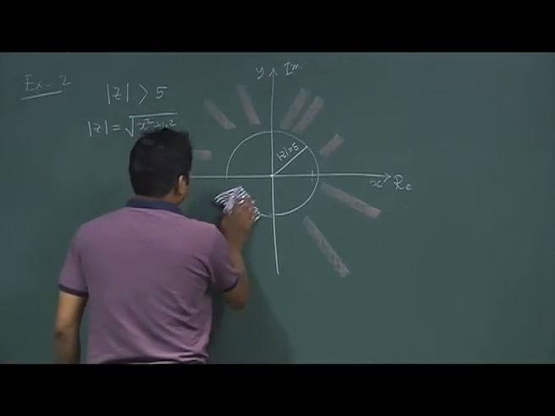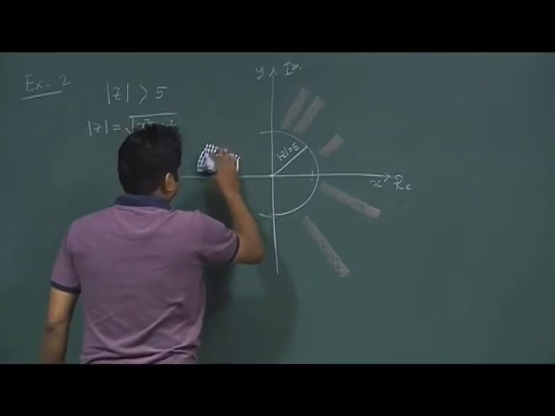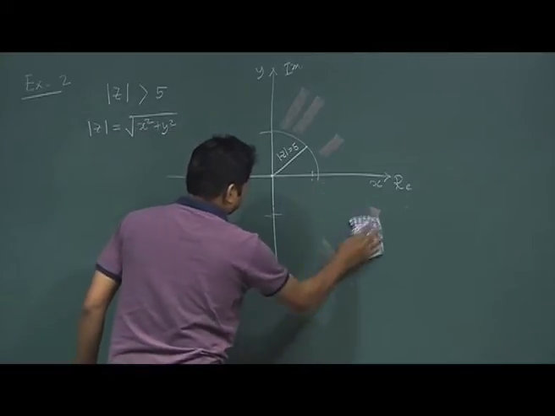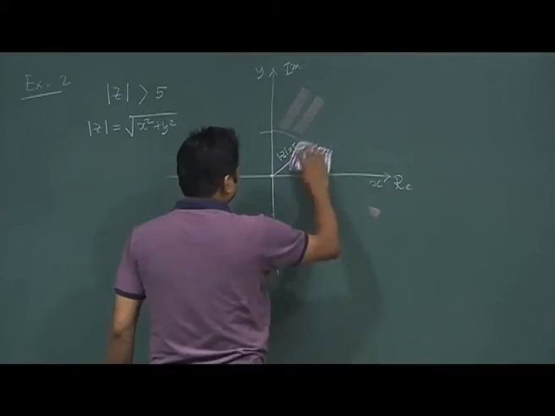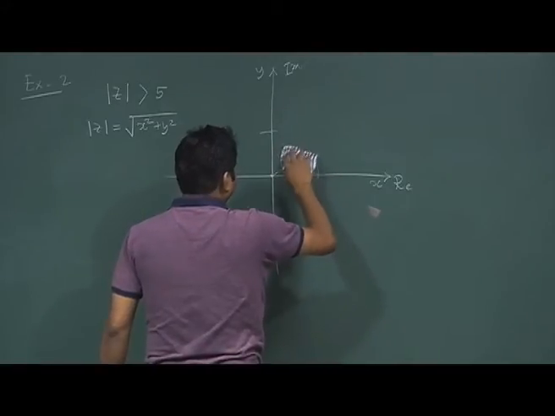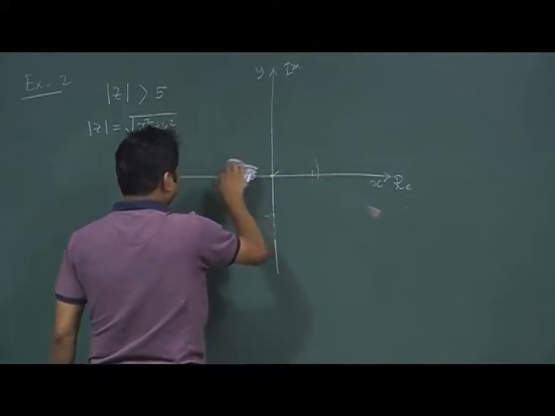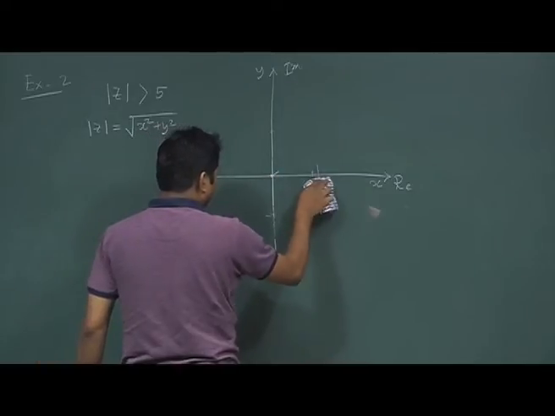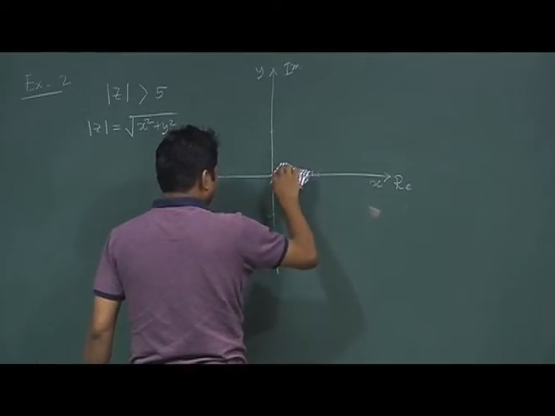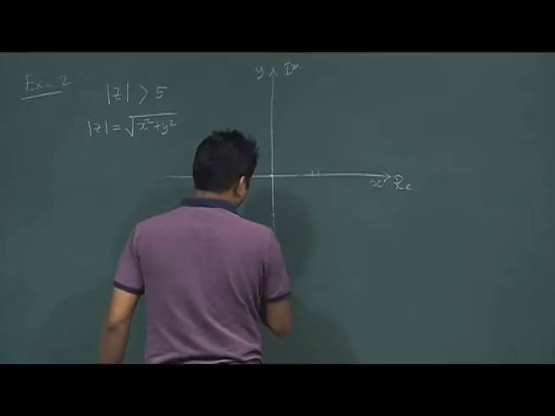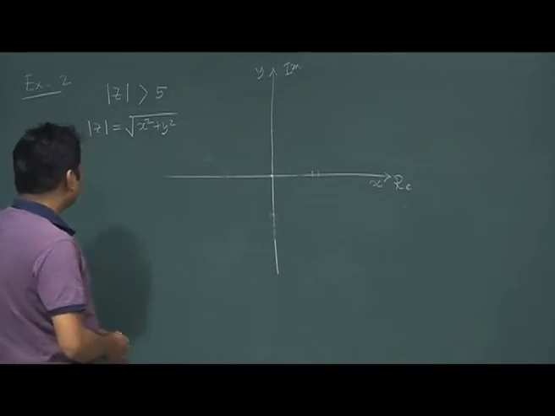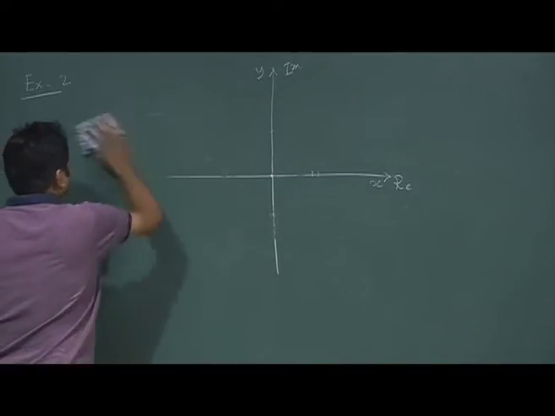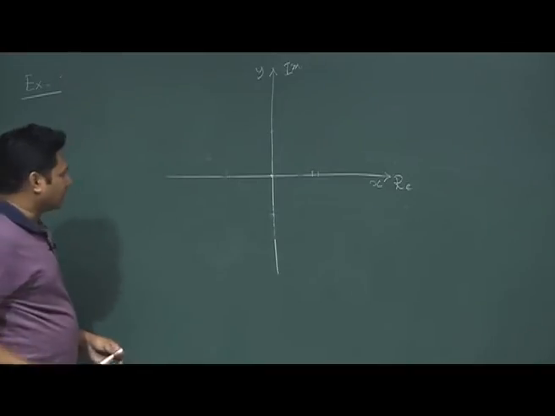Okay, fine. Let me erase that. So I believe now you understand what is the meaning of the region, and when I am saying some region, you can readily understand how this region is placed in the complex plane. It is quite easy, and let us take a few other examples also.